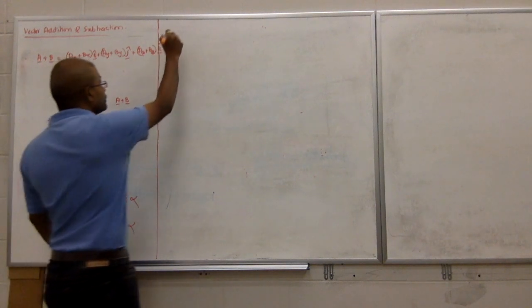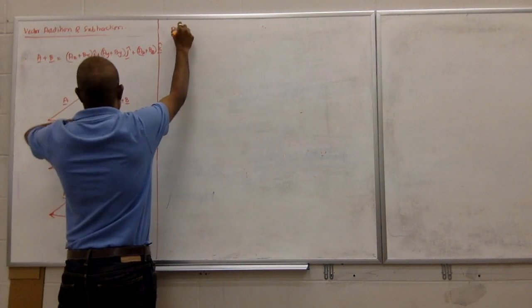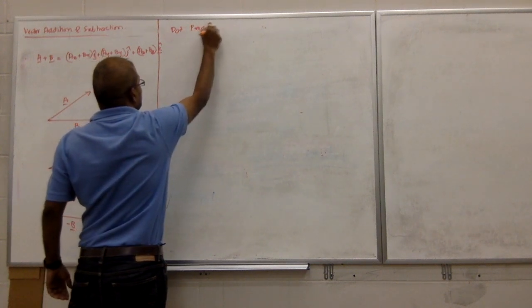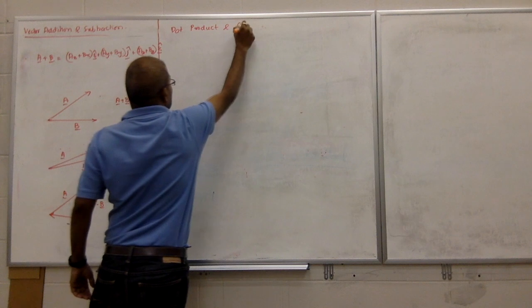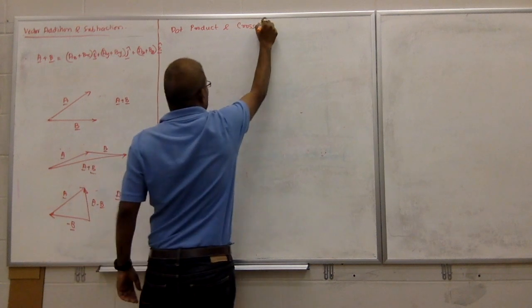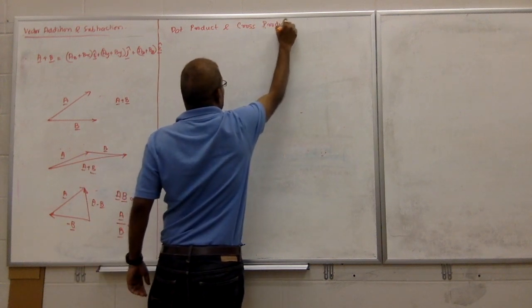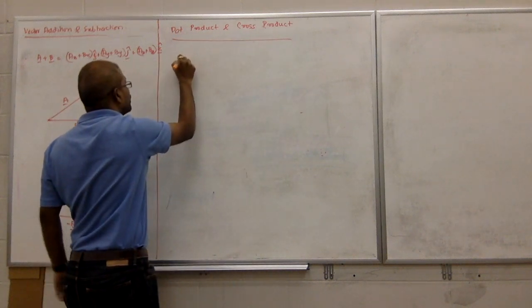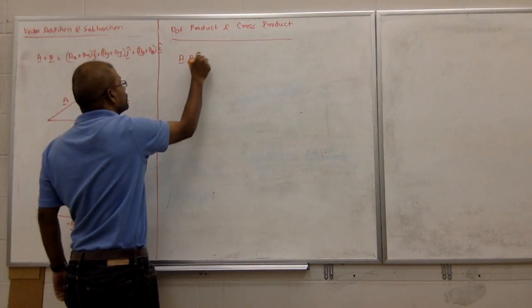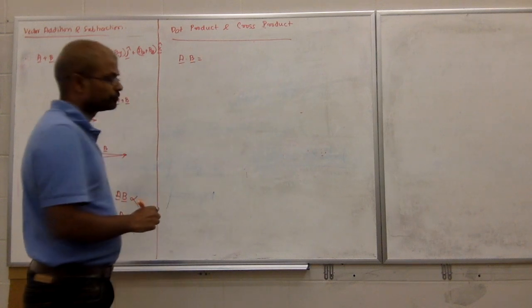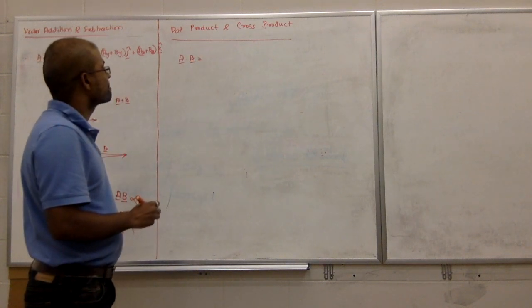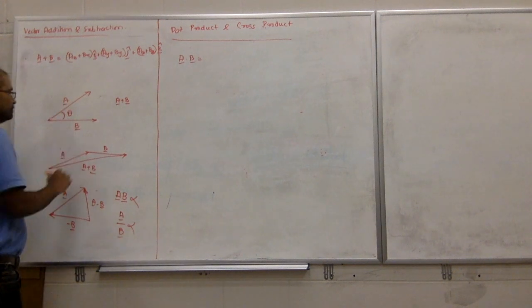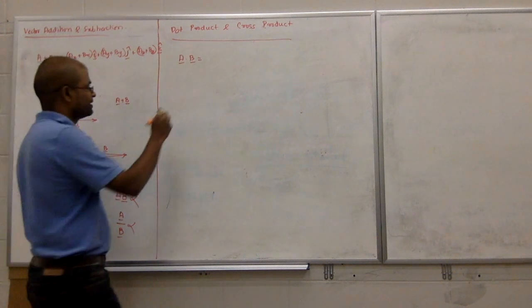So instead, we define the dot product and cross product. A dotted with B is what? Anybody remember? It's the dot product. It's not 0.